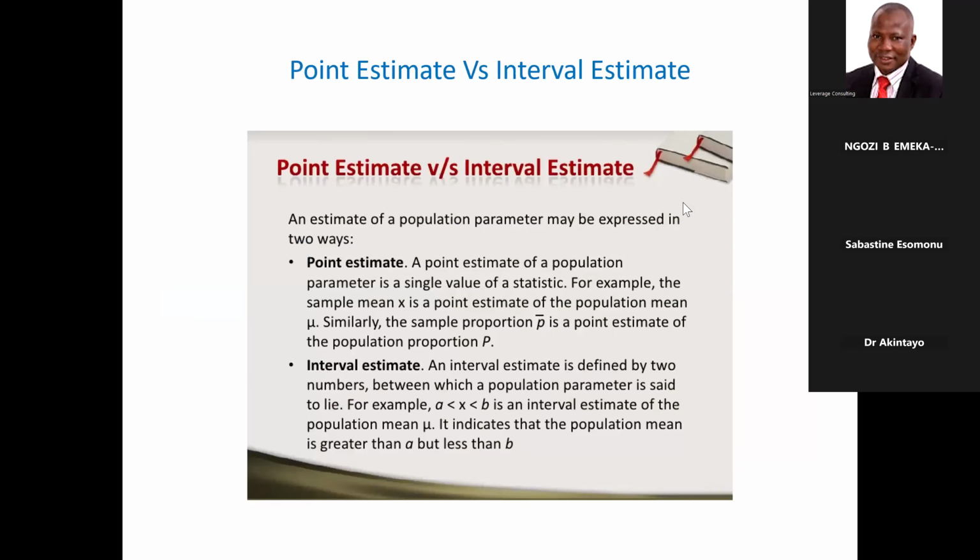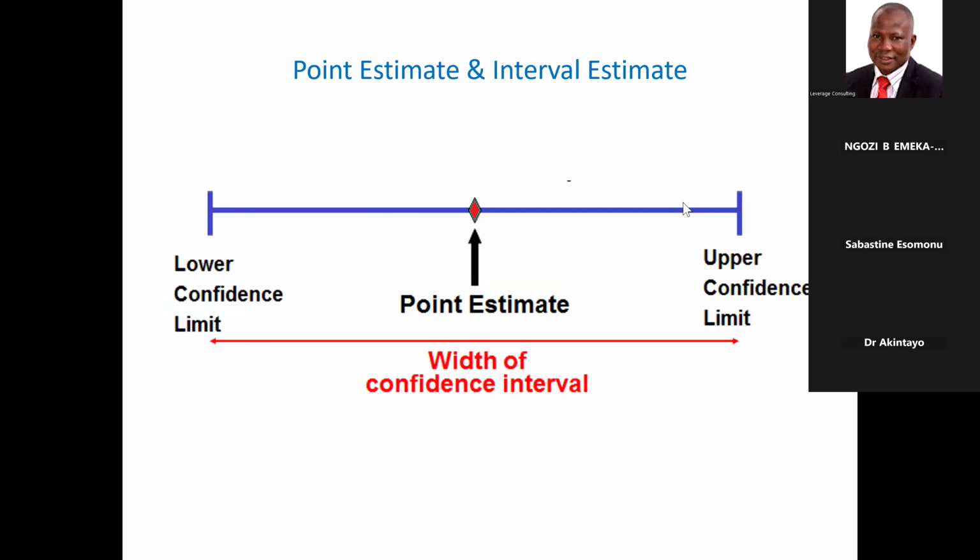So just to explain the same thing I've said, point estimate and interval estimate. An estimate of a population parameter may be expressed in two ways. I've already said it: one point, just one value, or you give an interval. So how to calculate that interval? That's where we're going now. The point estimate is the one in the middle.